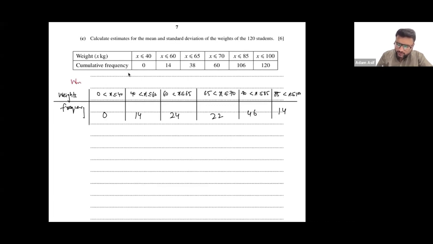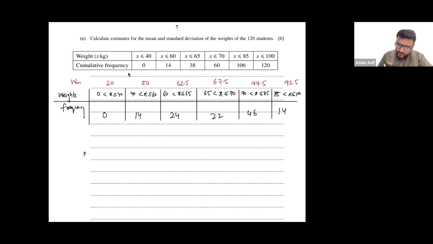Then we are going to find the mid value of each interval: 20, 50, 62.5, 67.5, 77.5, and 92.5.